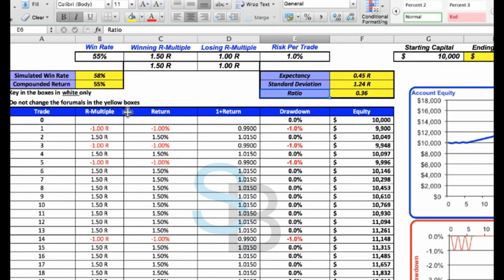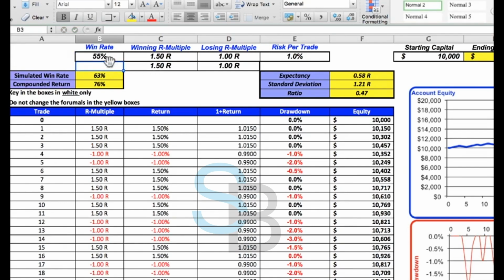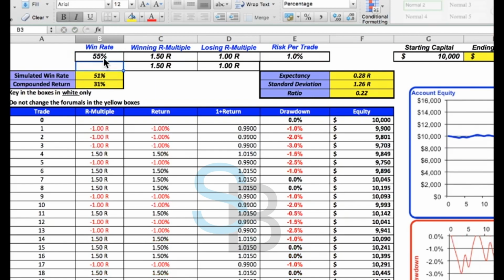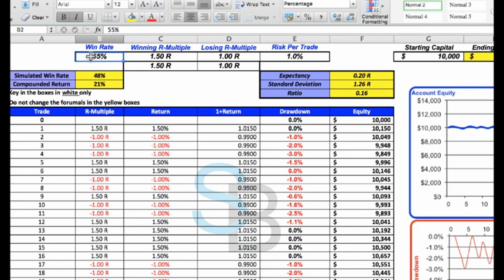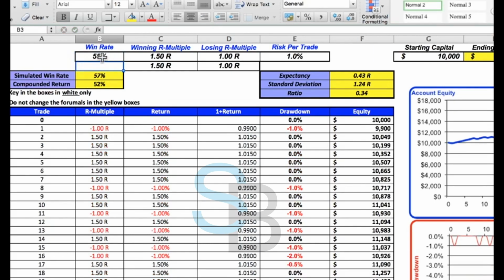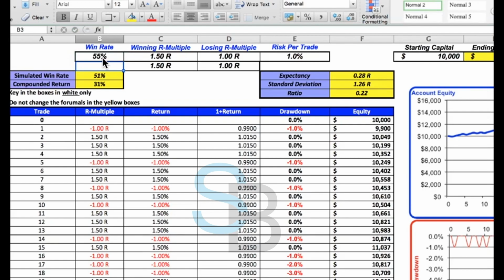For example, with an average win rate of, say, 55%, notice that every time you trade, the simulated win rate changes, right? So out of every 100 trades, sometimes you may get 51%, sometimes 48%, sometimes 57%. So it's random. It's like tossing a coin.